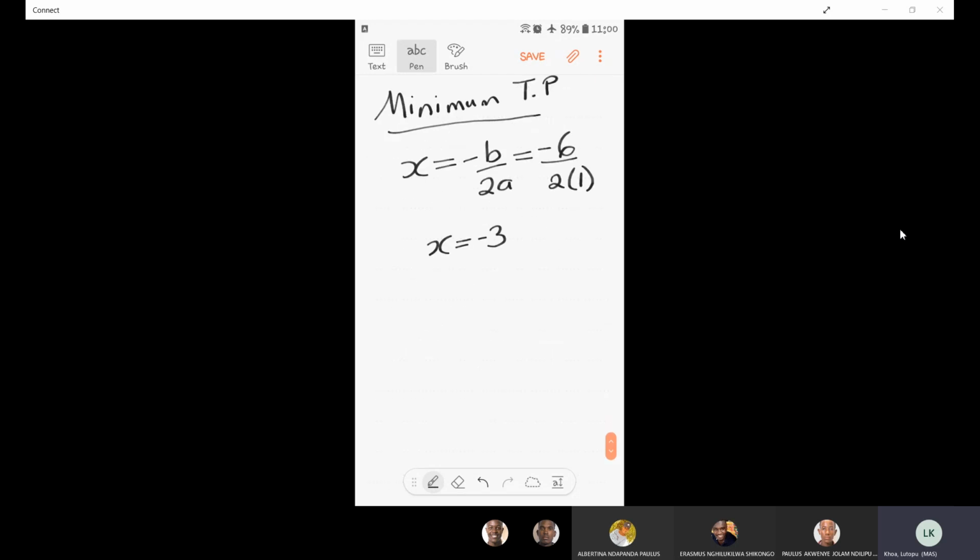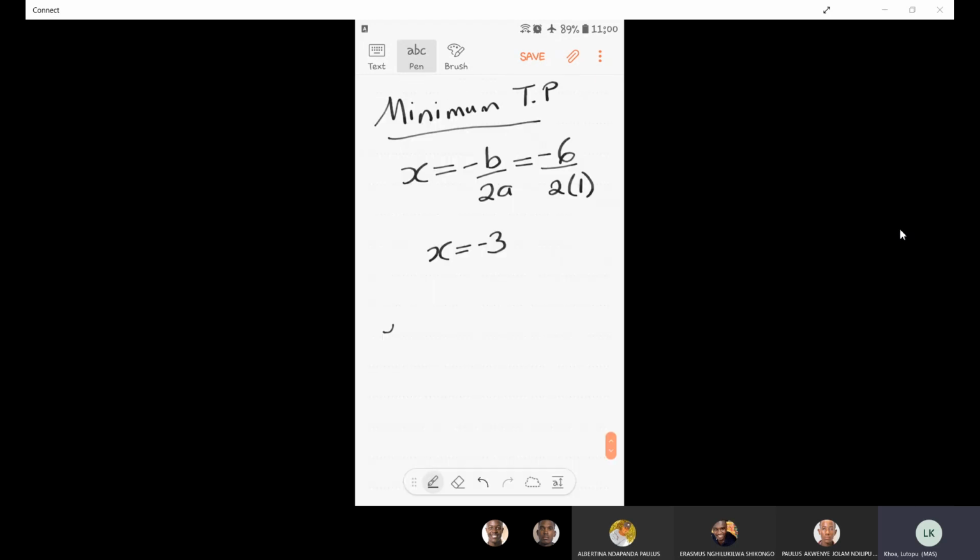Now if x is equal to negative 3, I need to work out the y coordinate. So I will substitute this negative 3 into the equation for y. So I have negative 3 squared plus 6 times negative 3 plus 5. Okay, so this, you work it out.